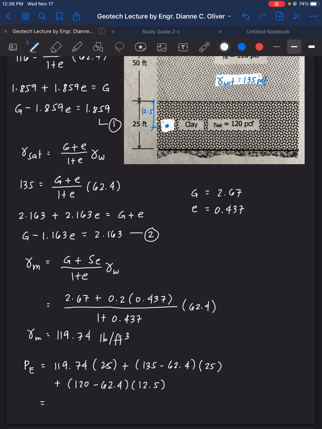So P effective is now equal to 5,530 PSF, or pound per square foot.